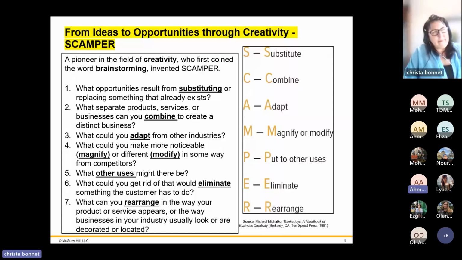Okay. I'm talking about the P, put to other uses. Well, yes, in that context you can, but I don't think you can sublet. I don't know how your country's laws work, but in South Africa we have things like health and safety, which will not necessarily allow the two to coexist in the same premises.